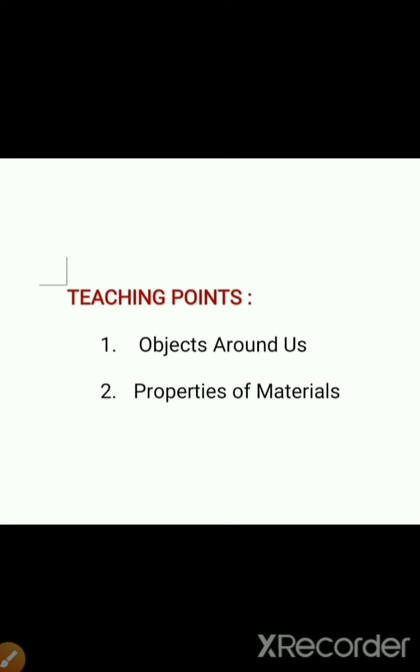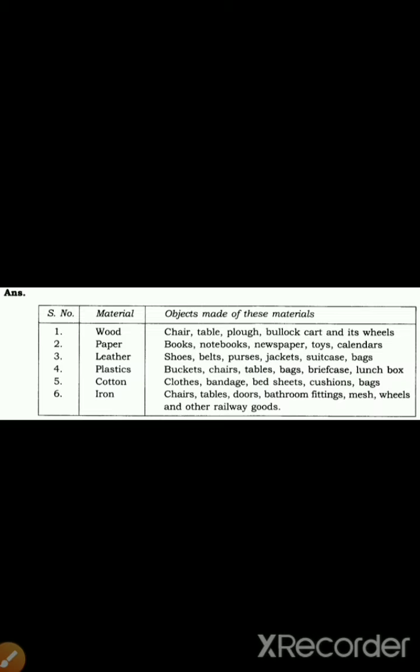In this chapter, we are going to learn two main points. One is objects around us and the second one is the properties of materials in which they differ. Our first topic is objects around us.